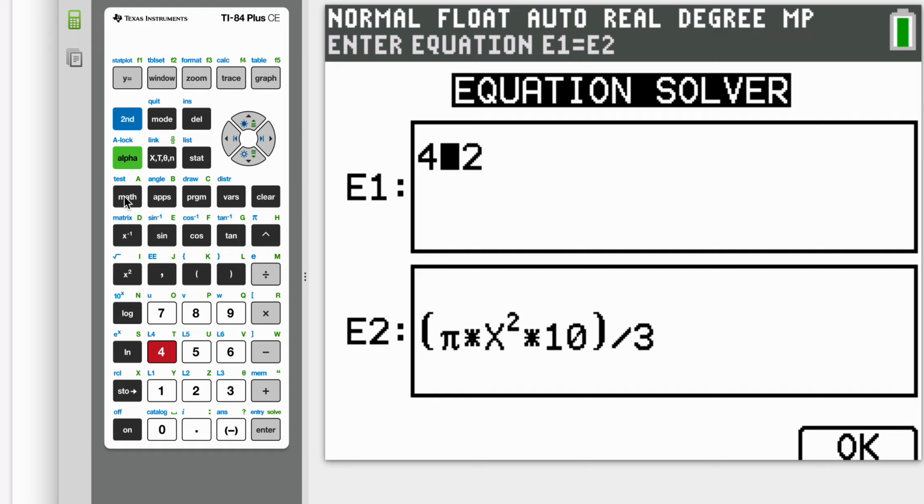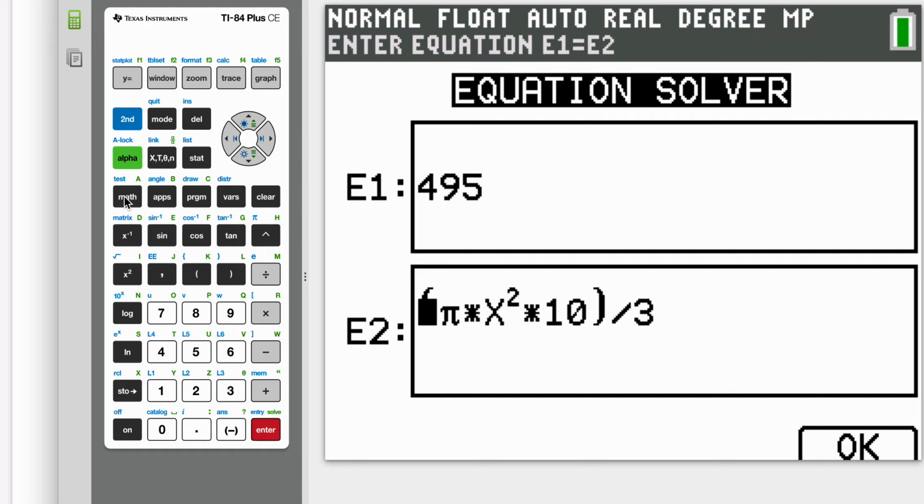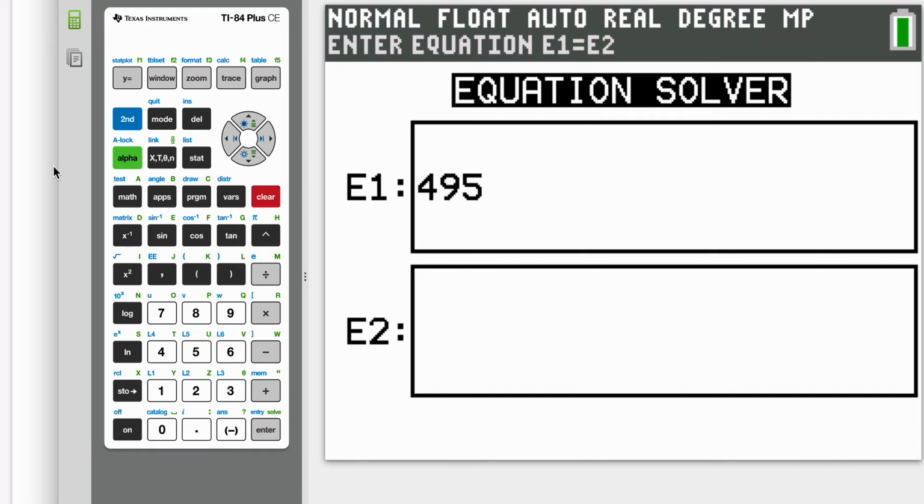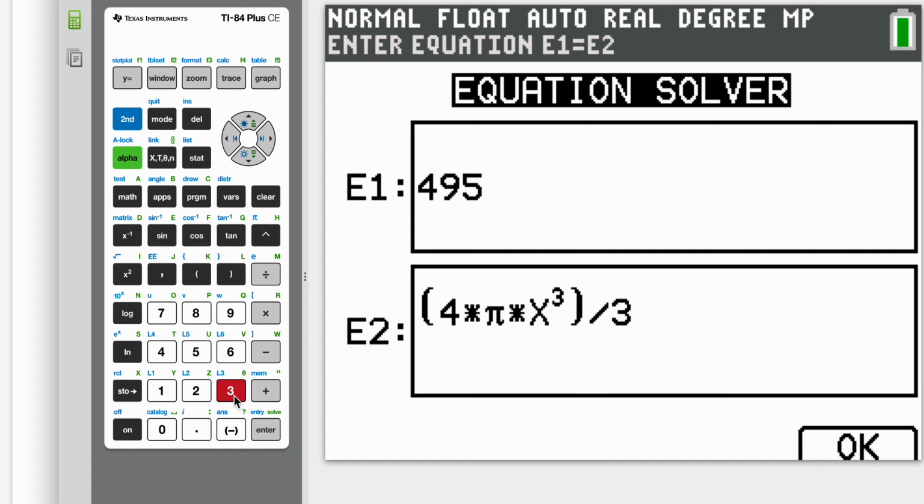I have 495, and then 4 times pi, times r, which I'm going to call x to the power of 3, and I'm going to insert brackets at the start so that whole thing is divided by 3.